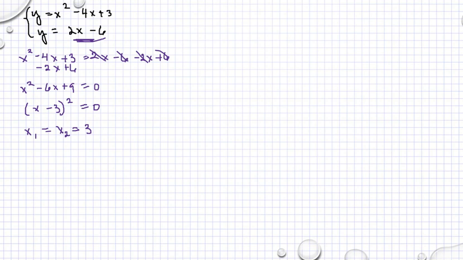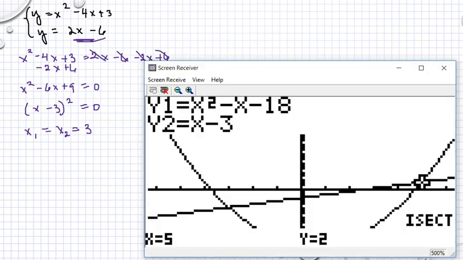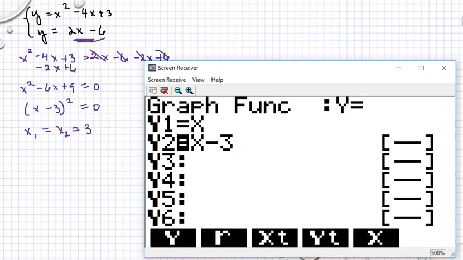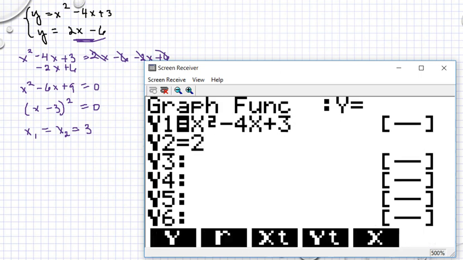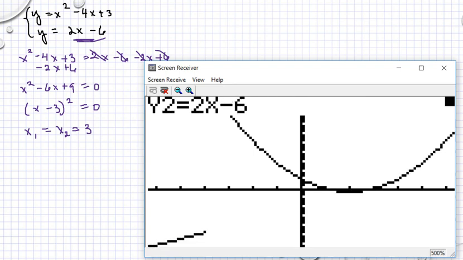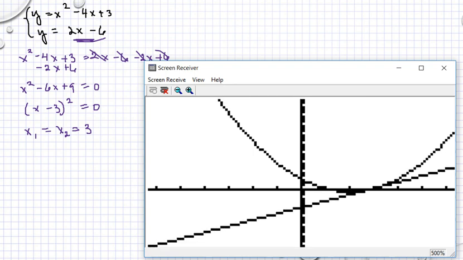Let's see also with our calculator. Exit. We have x squared minus 4x plus 3. And then we have 2x minus 6. Draw. Then, as you can see, we have a tangent.